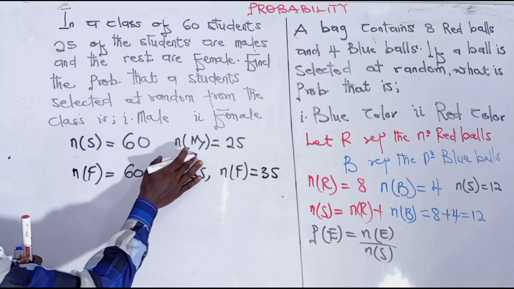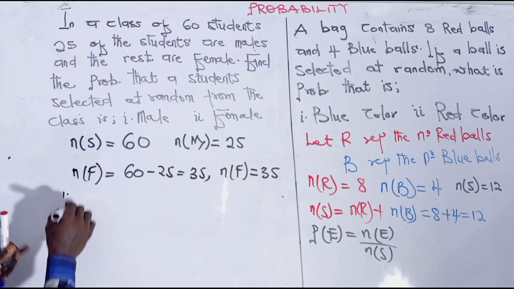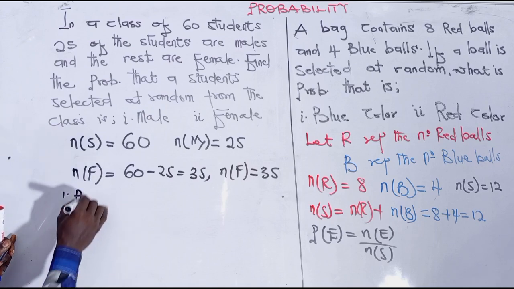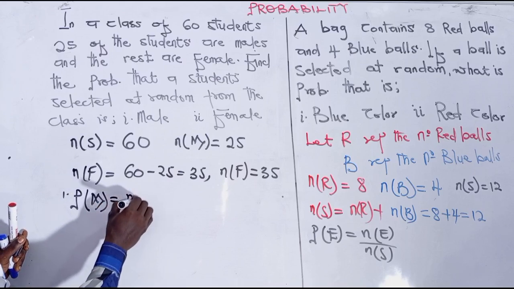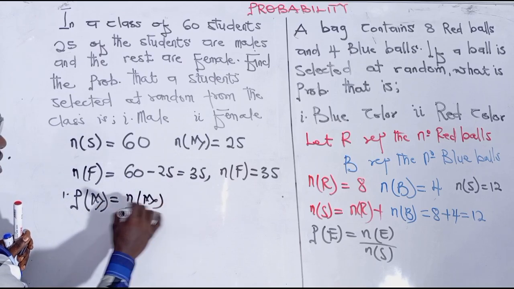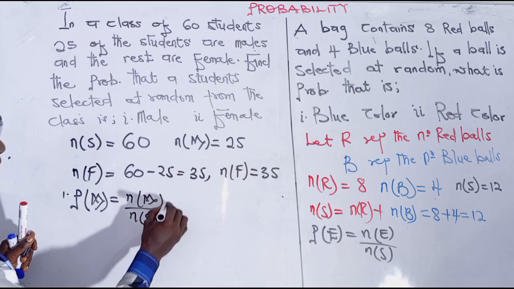Once you know all of this, we can proceed to find the probability of picking a male student from the class. The probability of picking a male student is the number of male students in the class all over the total number of students in the class, that is the sample space.